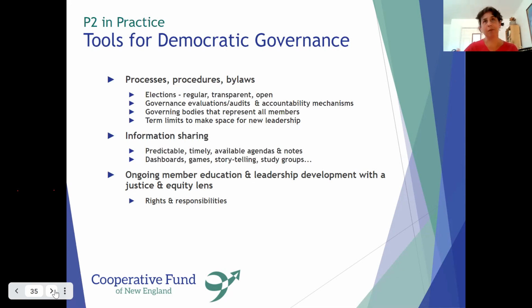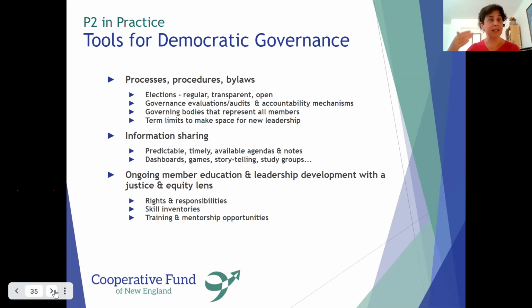And then this commitment to ongoing member education and development with an equity and justice lens. So making sure that people have the information that they need and the skills to really be able to fully participate, and periodically assessing, how are we doing? What areas do we need to skill up in? Somebody made a comment in the chat earlier about rights and responsibilities changing over time.